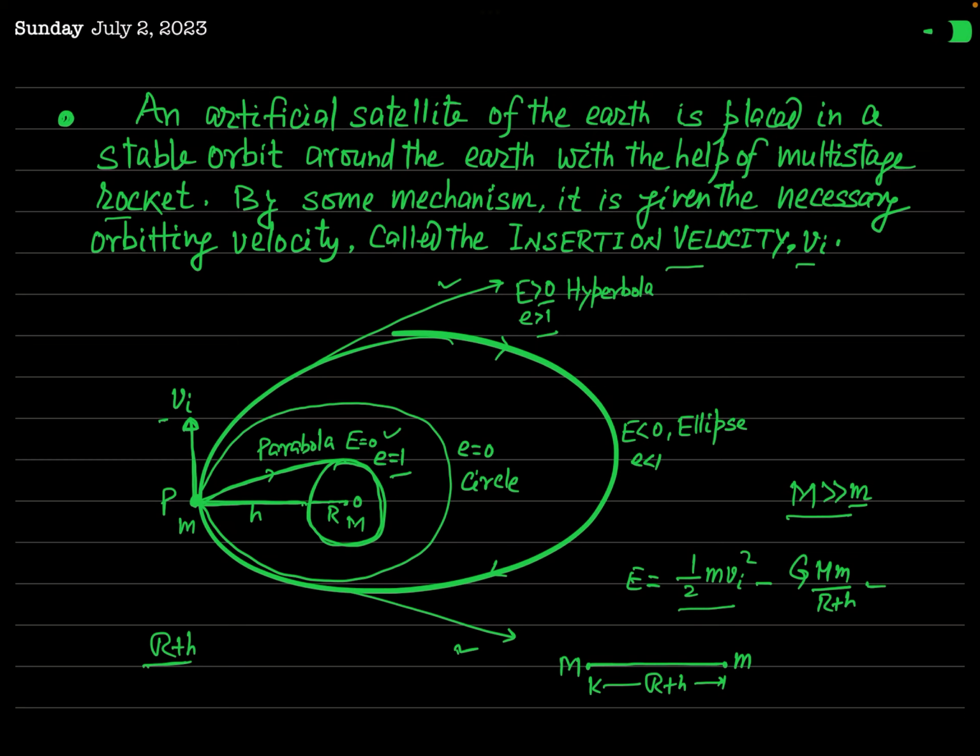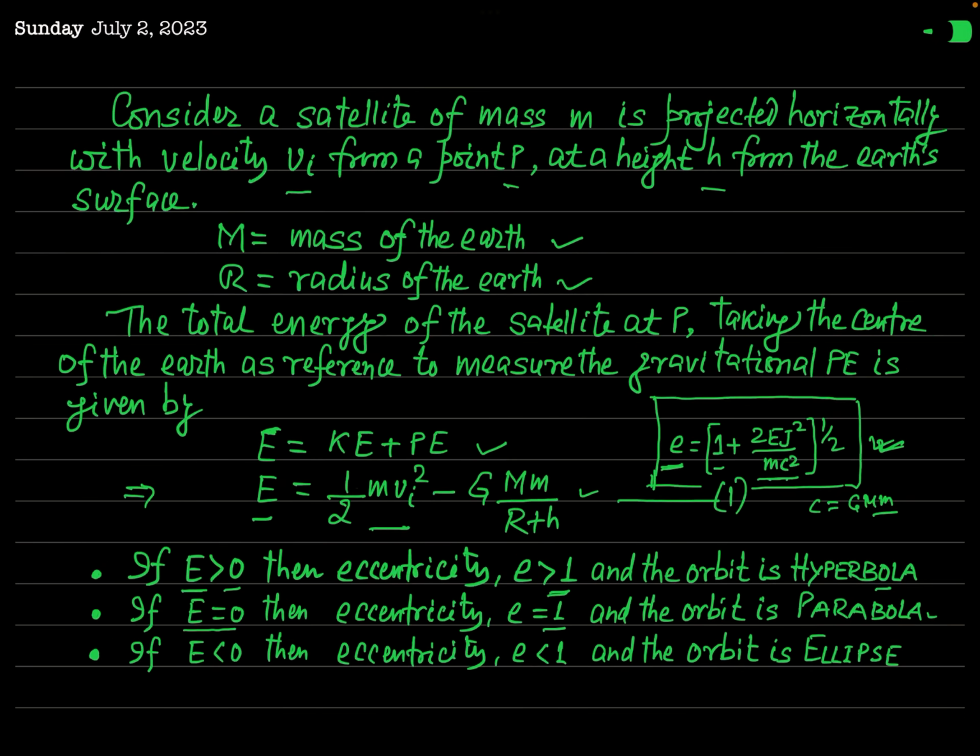But if the total energy of the satellite is less than 0, meaning negative, then see this expression for eccentricity. When E is negative, eccentricity will be less than 1, and if eccentricity is less than 1, then you know the orbit is an ellipse.